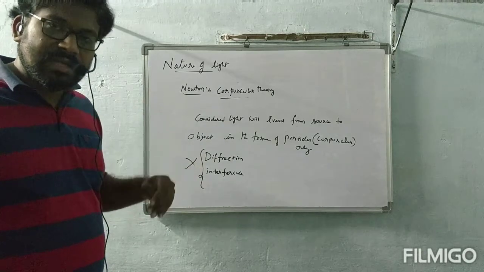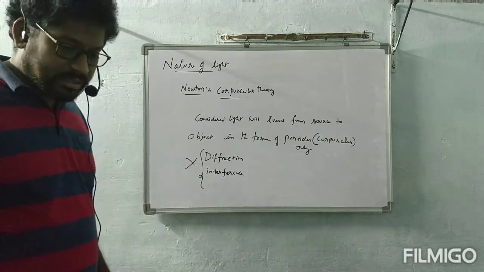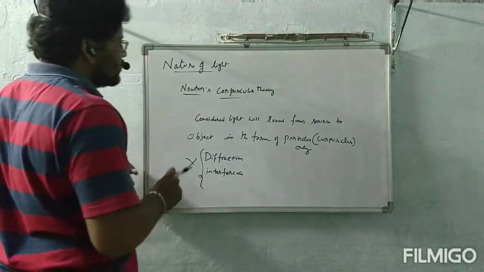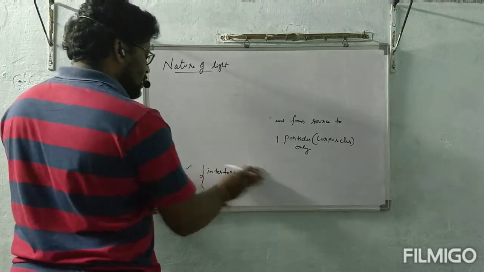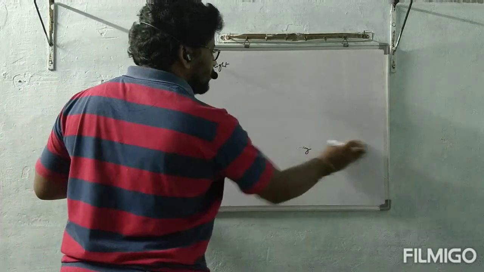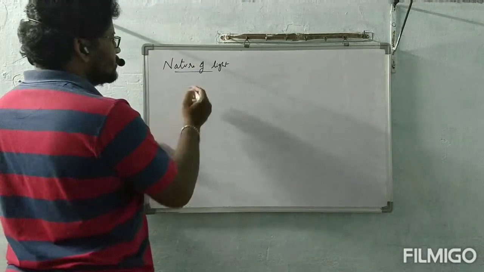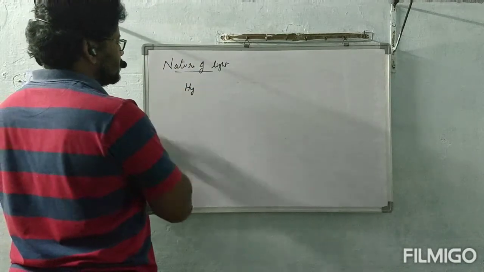But after some years, the next scientist, Huygens, proposed one theory called Huygens' wave theory.